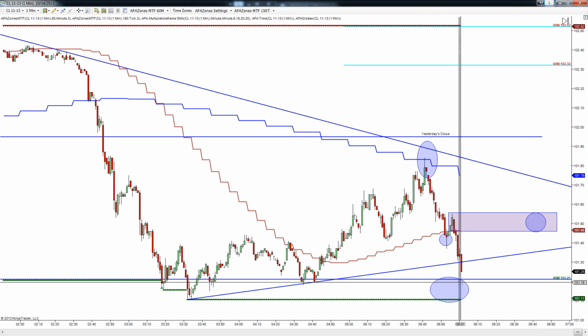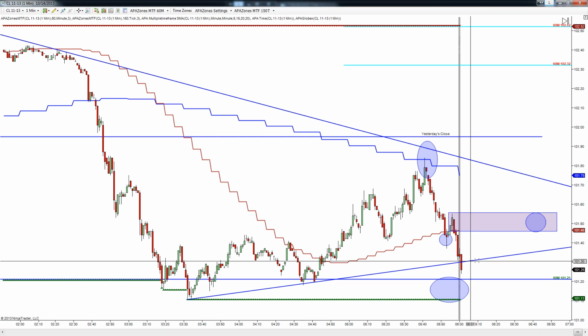Here's the open. Looks like it's splashing through that trend line.